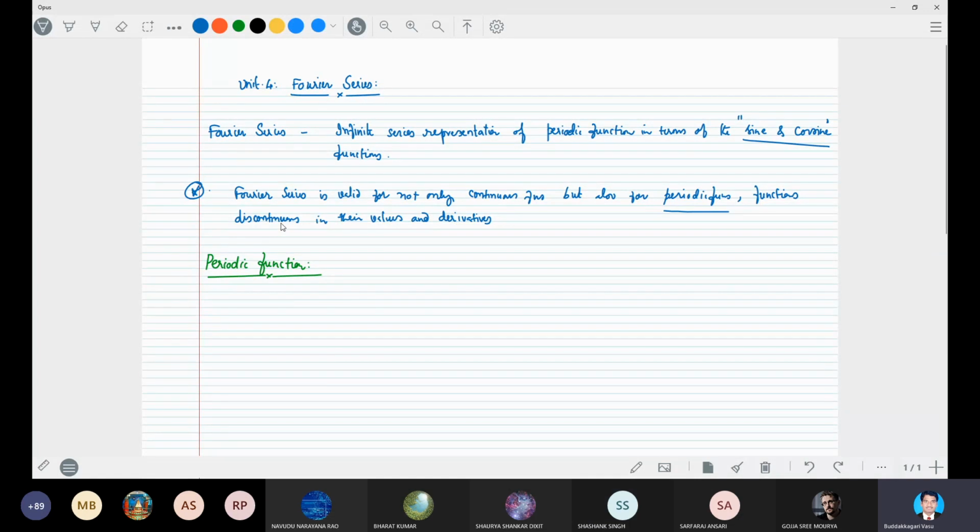This is the summary of why we are going to study the Fourier series and what help we can get from it. It is one of the methods in the concept of approximation. It is an infinite series representation of periodic functions in terms of sine and cosine functions, which we can take as the definition of Fourier series.